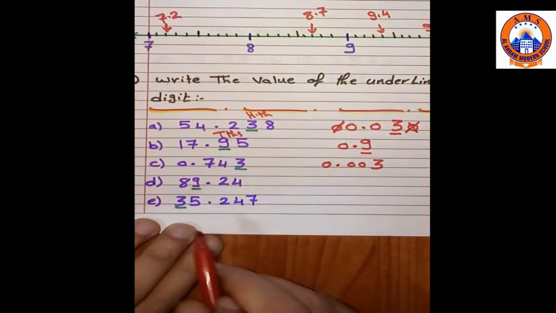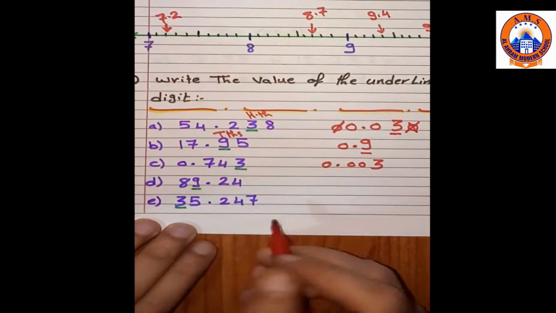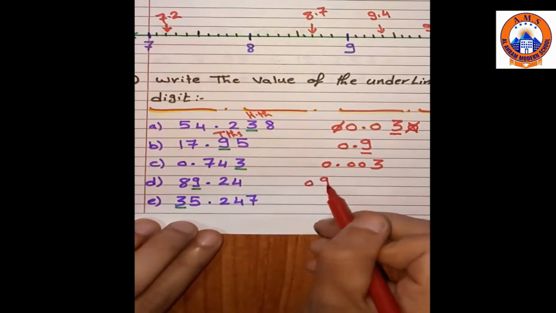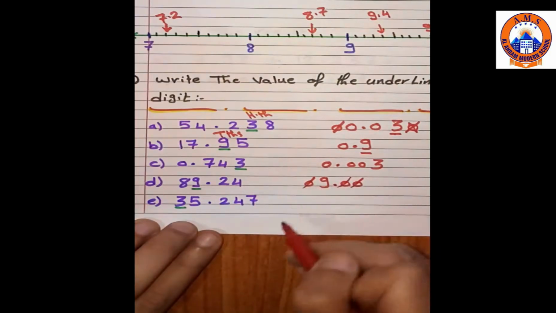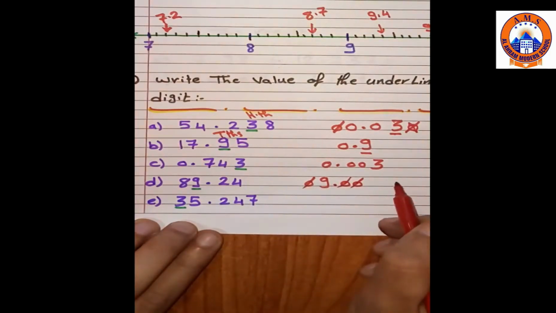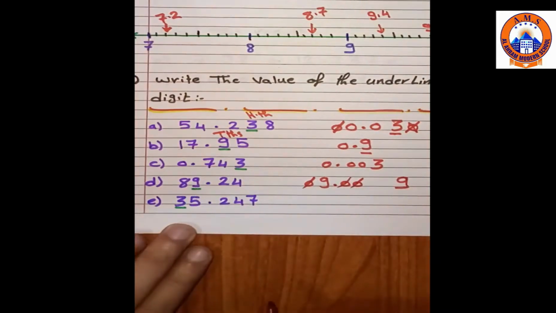We have 9, this 9 is in the unit digit, we will replace all the other digits with zeros, so it's gonna be 09.00. All the zeros after the decimal point can be cancelled, and before the number can be cancelled, so this equals 9. We write 9 in the unit digit.